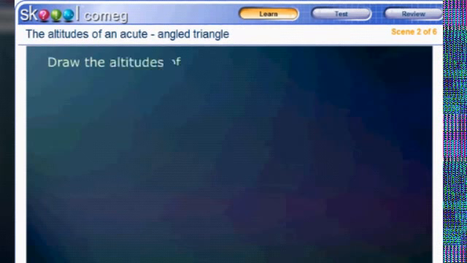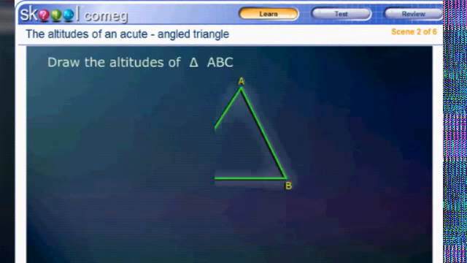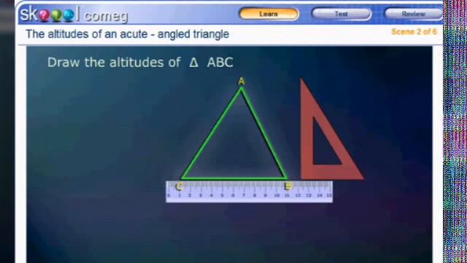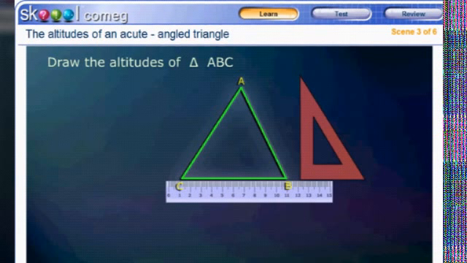Draw the altitudes of triangle ABC. 1. Fix the ruler on one of the triangle's sides, say BC. 2. Put the edge of one side of the right angle of a set square on the edge of the ruler. 3.